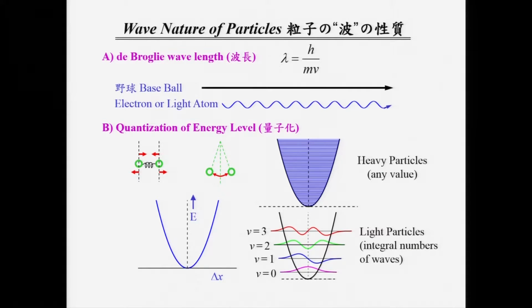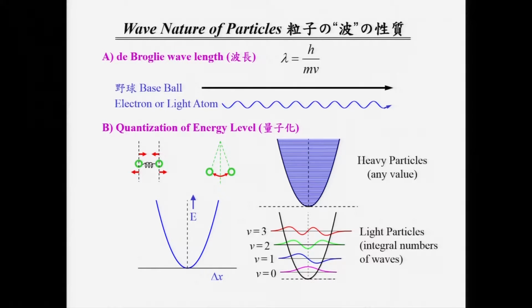And as you know, if you throw a baseball, you can control the speed at any speed you want. A good pitcher from 100 miles per hour all the way down to maybe 70 miles, a very slow ball. Electrons also, in infinite space, you can control the energy at whatever energy you want. But these are tiny little particles with wave nature. So if you confine the motion of a particle in finite space, for example, in a pendulum or simple harmonic motion, if the particle is heavy, then almost every energy you can excite the simple harmonic motion.